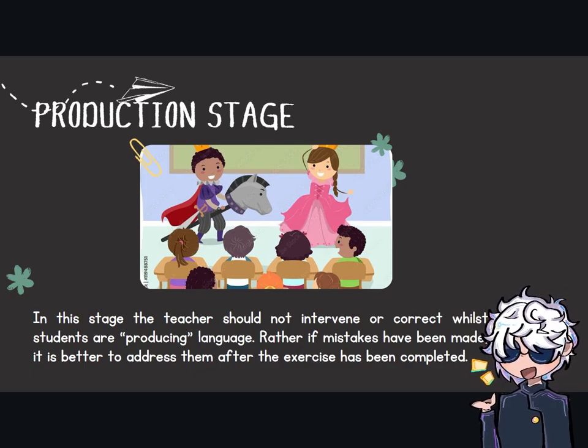And up to this day, I still use what I learned from that activity, not just in school, but also outside. And in that activity, our teacher did not intervene or correct us while producing the language or while role playing. Rather, she addressed our mistakes after the role play has been completed.